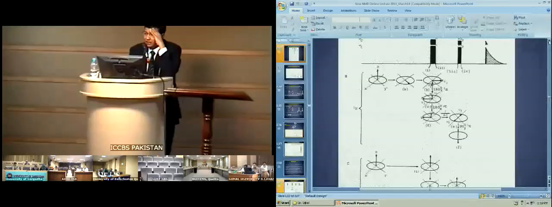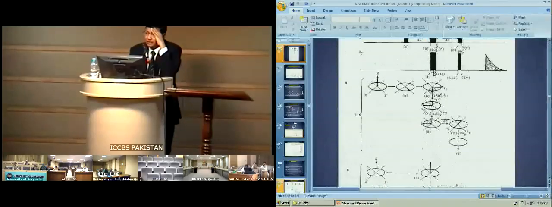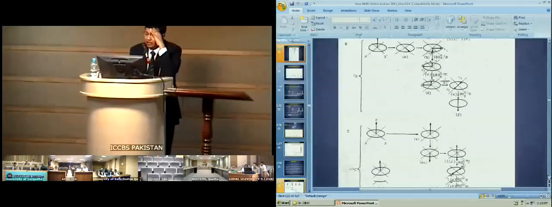Now you remember this carbon-13 pulse sequence. When you give a 180 X pulse to the carbon, it comes to the negative Z, right? And then there is a delay in between.